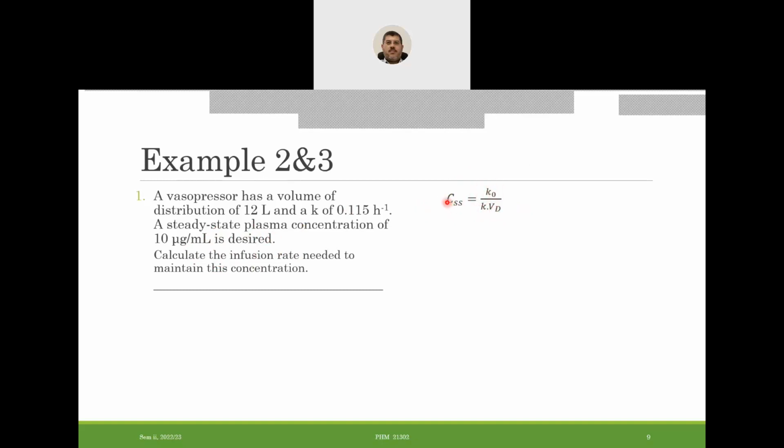So infusion rate equals CPSS times K times Vd, in milligram per liter. We unify the units here. Times 0.115 times 12 liters. Then you will get 13.8. The unit will be milligram per hour, the same unit as K. 13.8 milligram per hour.